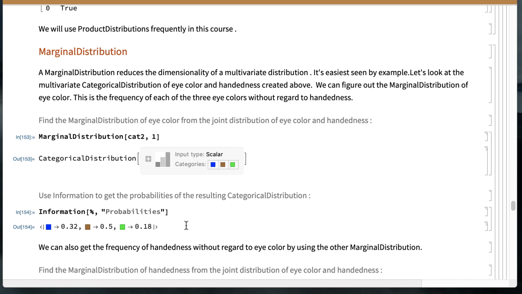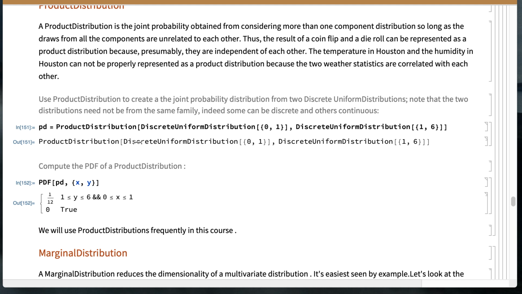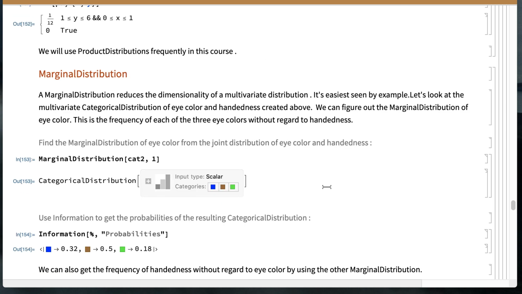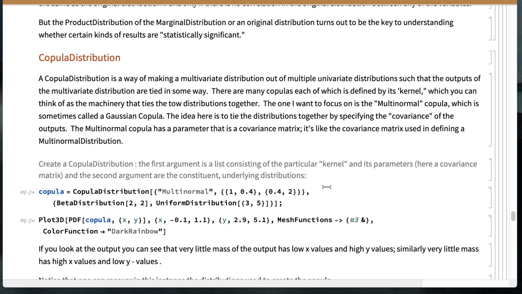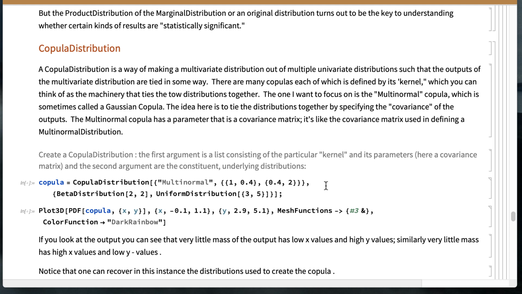Okay. Product distributions put distributions together and basically say, I want the components to be independent of each other. Copula distributions say, no, I actually want there to be a correlation structure between the outputs.